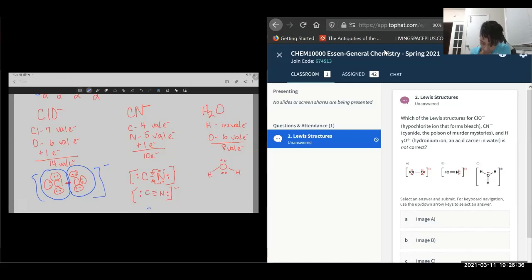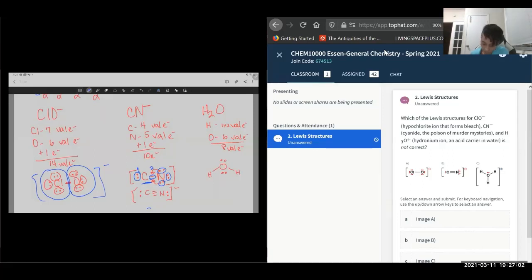If we take a look at cyanide, it has 10 valence electrons. We place our first pair in between the two atoms. That gives us 2, 4, 6, 8, 10. We have all 10 electrons. But notice that carbon only has 2 pairs. That would mean that it only has 4 electrons surrounding it.